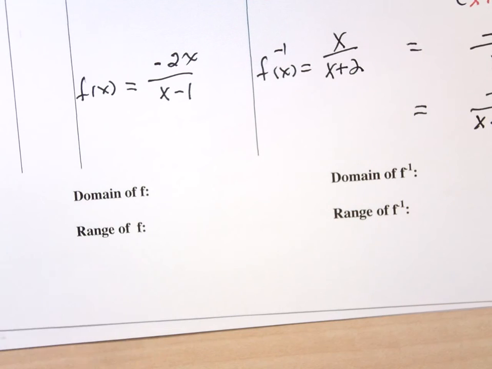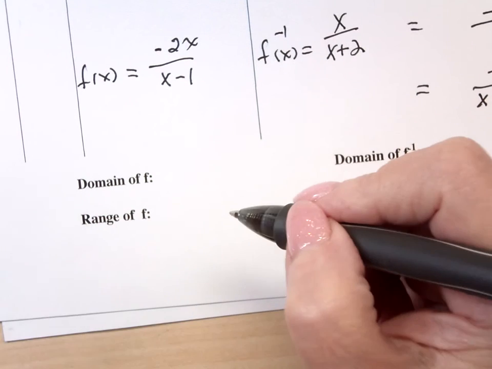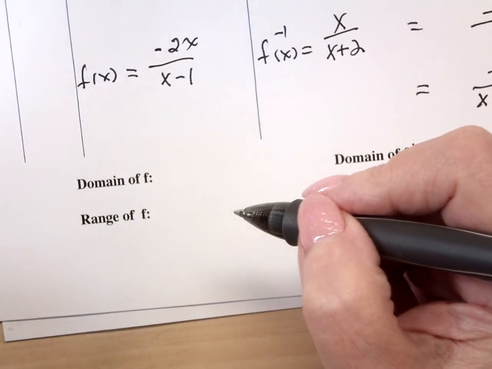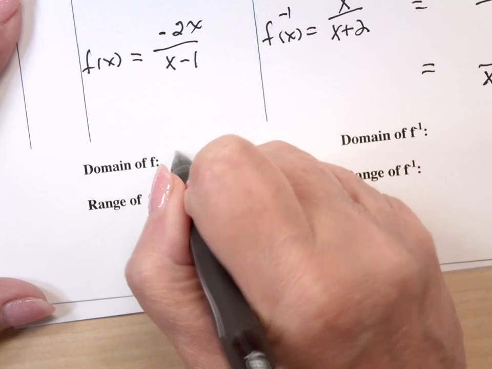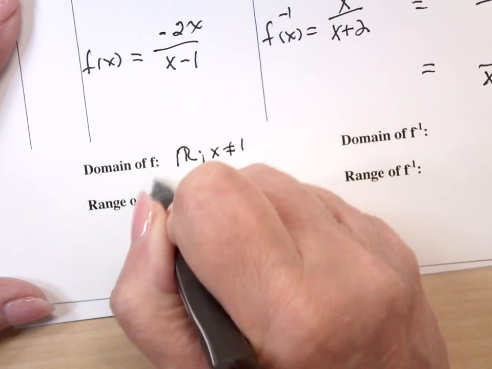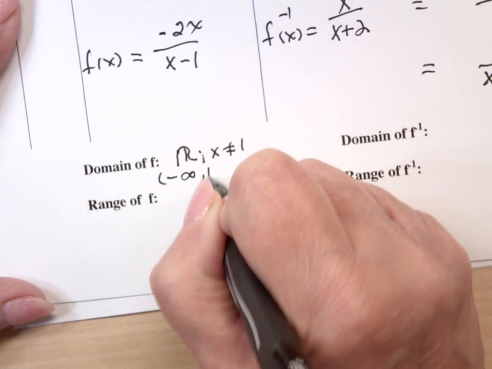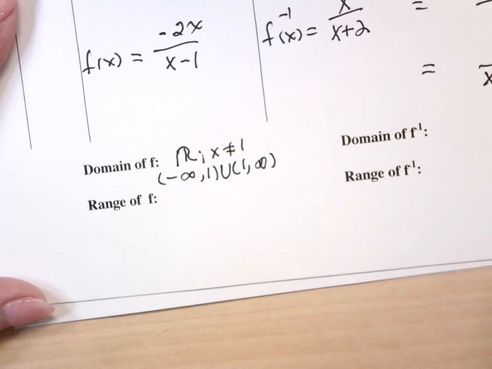What's the domain of f? Okay, so x can't be 1. So we could either write it as all real numbers, x can't be 1, or minus infinity to 1, not including 1, to infinity.